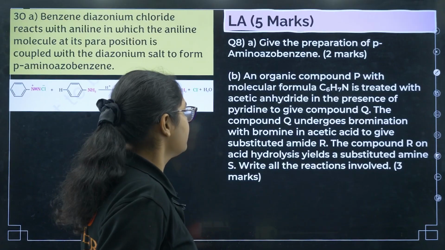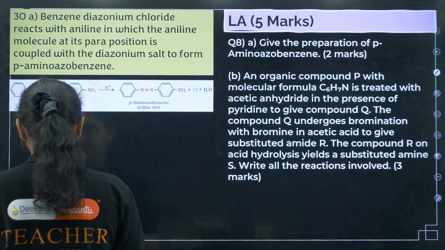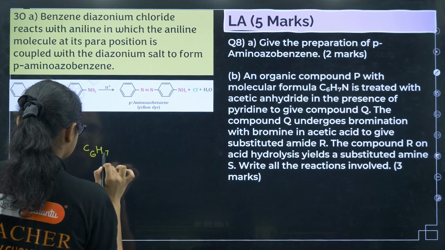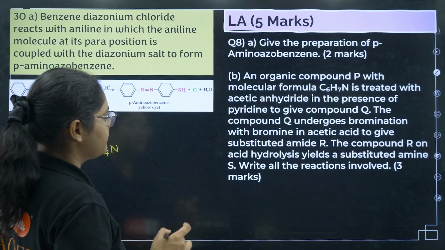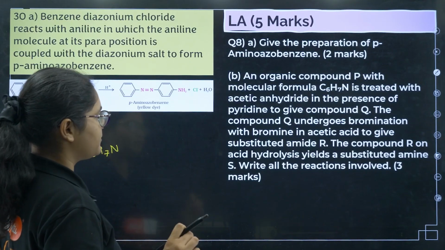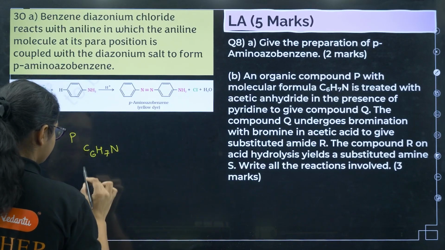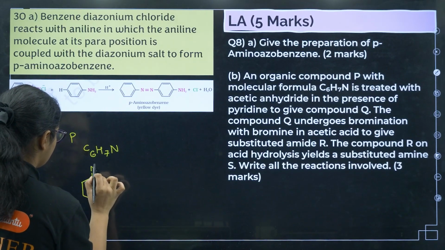Okay, let us think again. We have an organic compound P with molecular formula C6H7N. After that, it is treated with acetic anhydride in the presence of pyridine to give compound Q. When I see this C6H7N, I can very well guess that it is nothing but aniline.